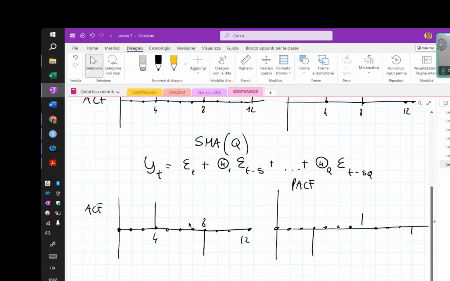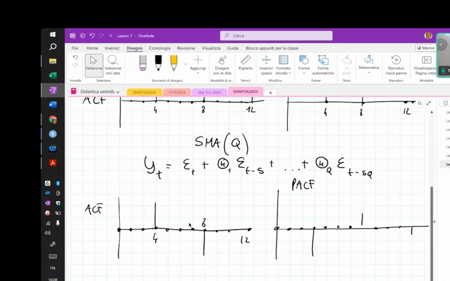But anyway, it's very rare that you have more than one seasonal lag. Usually the Q and the P of the seasonal part are either 0 or 1. More than 2 is really rare to observe. So try 0 and 1 and not much more than that.